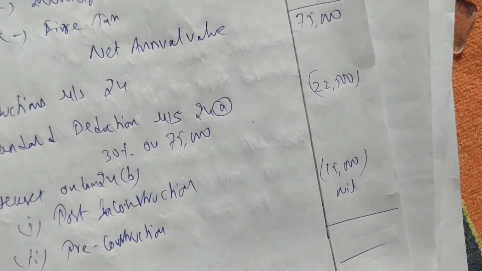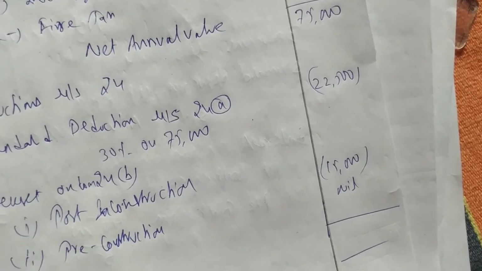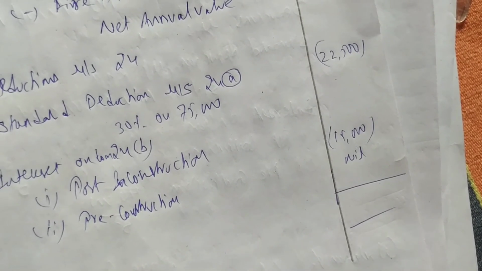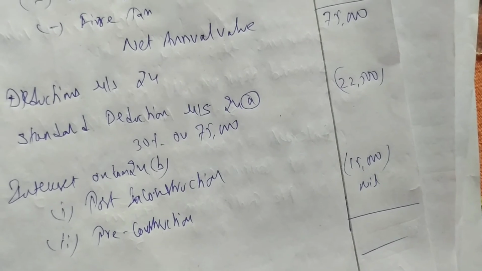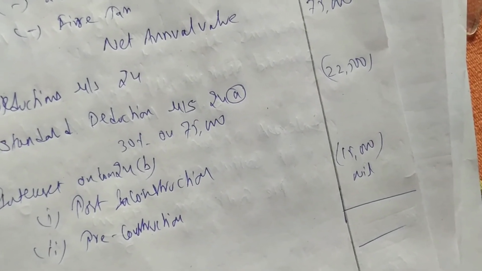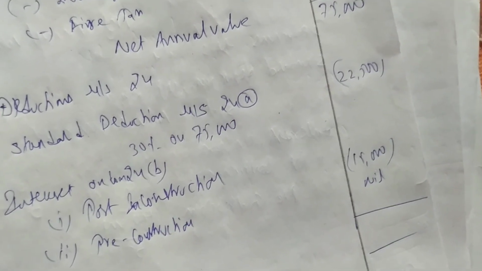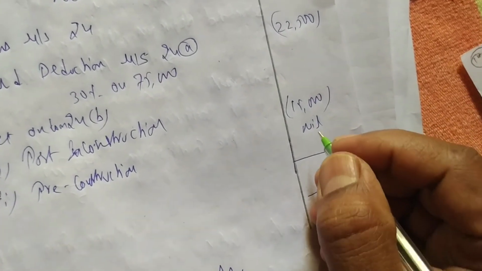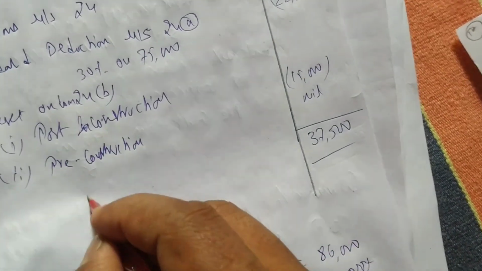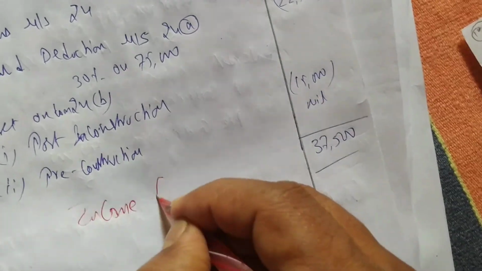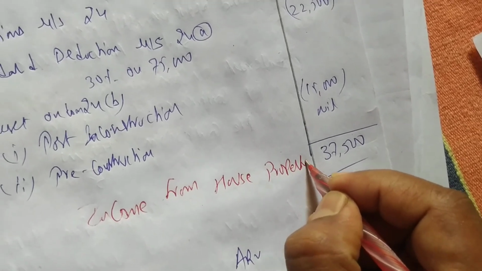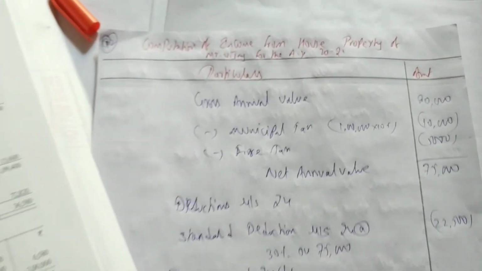So 75,000 minus 22,500 minus 15,000 gives 37,500 as income from house property. That's it. This is your 12th question.